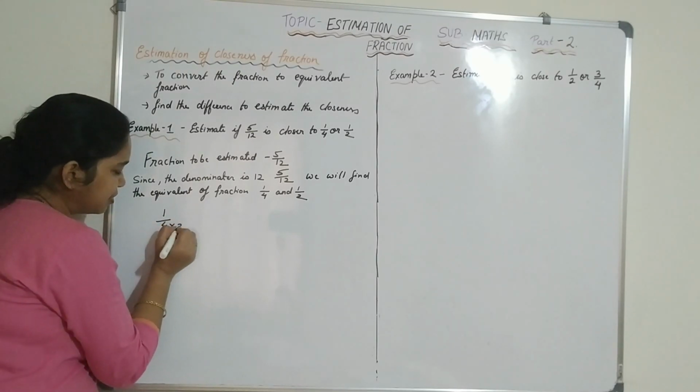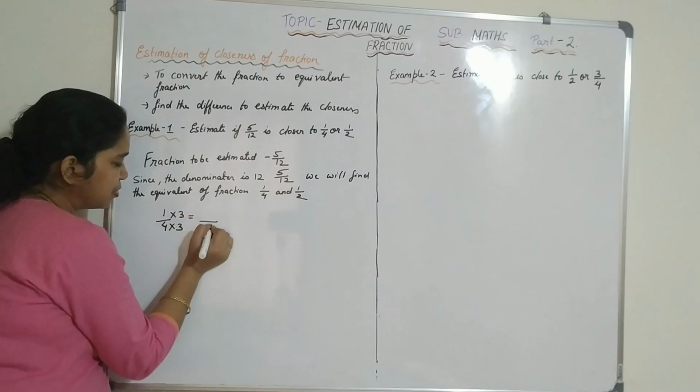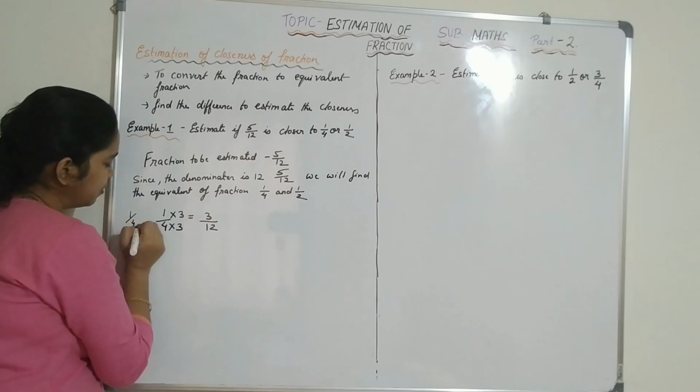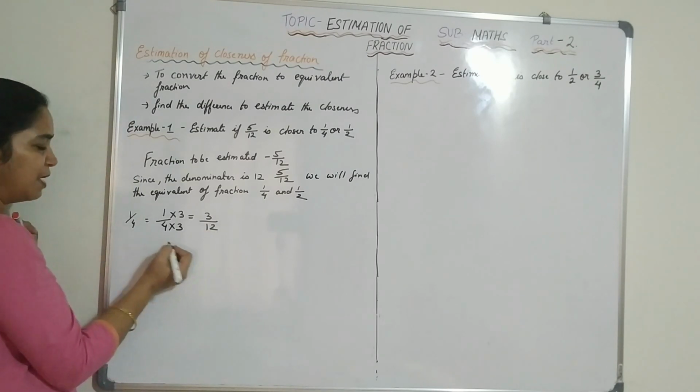So 4 into 3 and 1 into 3, the lower denominator will be 12. So for 1 by 4 the equivalent fraction will be 3 by 12.